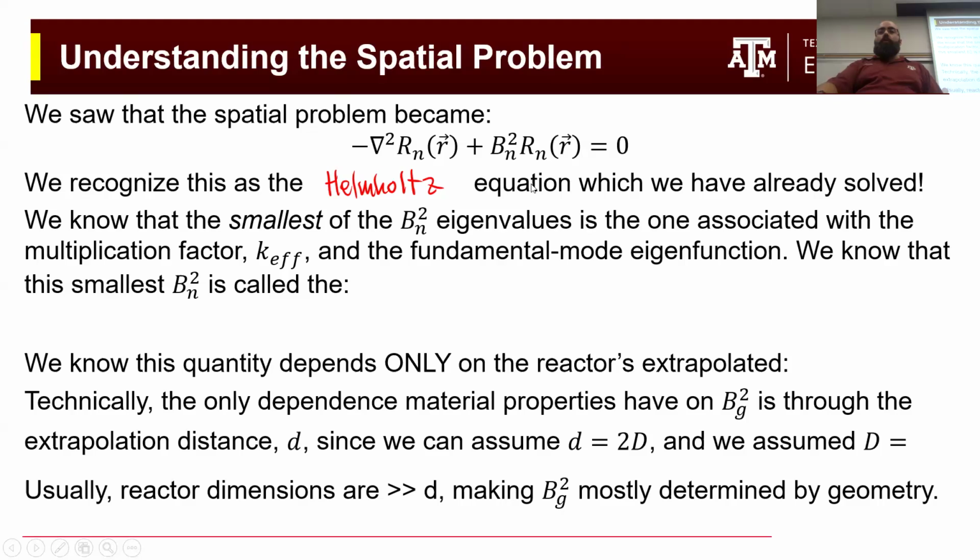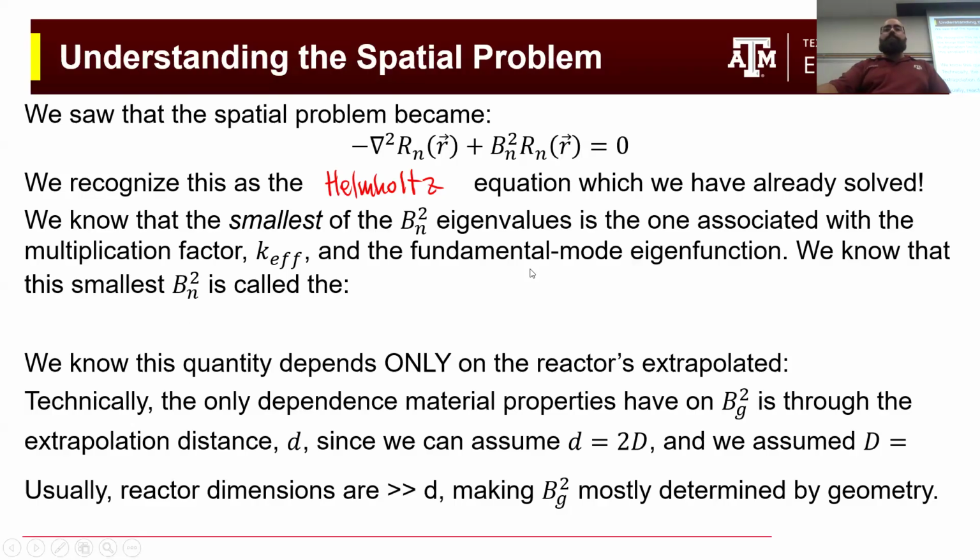We already know that for this equation, that Bn, those are my eigenvalues, and the Rn are my eigenfunctions. And we already know that the smallest of these eigenvalues is the one that corresponds to the effective multiplication factor and is the one whose eigenfunction corresponds to the fundamental mode eigenfunction.